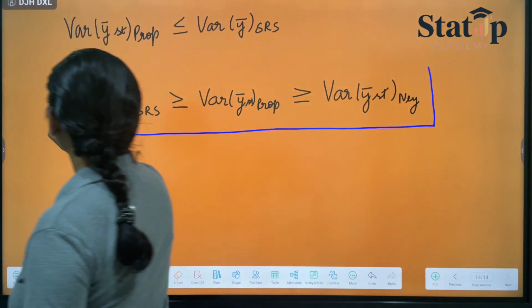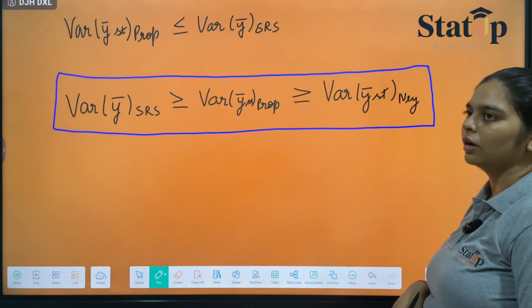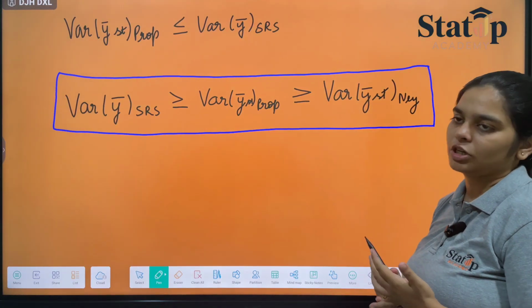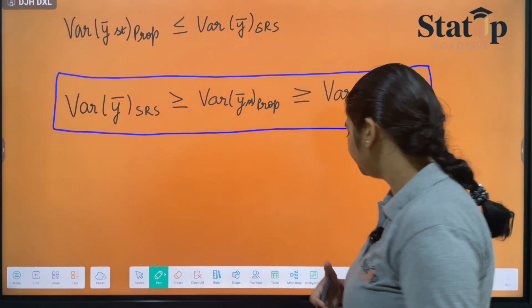This question has been asked in the exam multiple times, that give the efficiency between simple random sampling, proportional allocation and Neyman allocation. This is how this question will be solved.